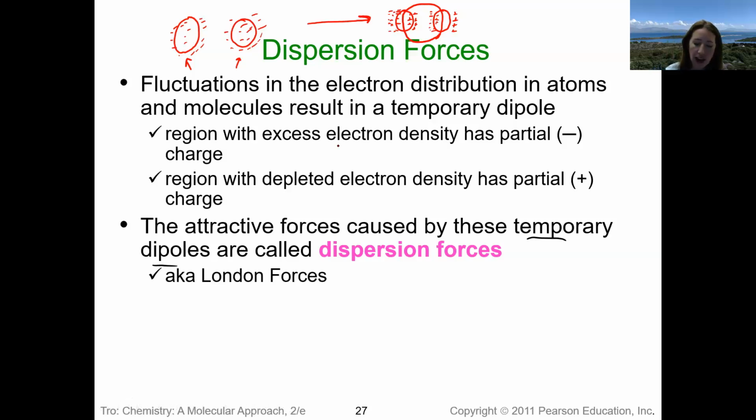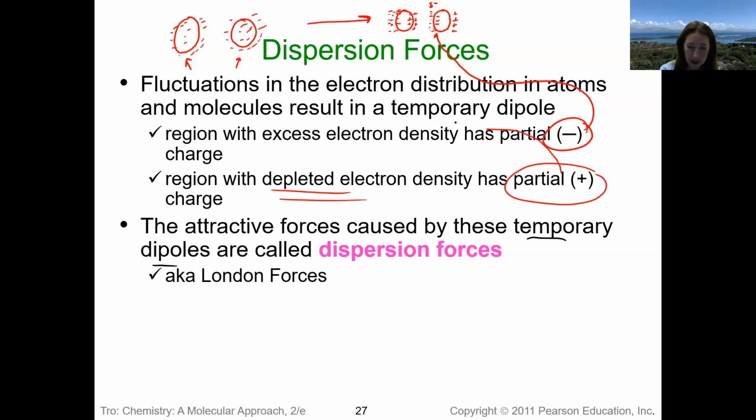So the region with excess electron density here has a partial negative charge, and it is the babiest bit of a negative charge. The part that has a depleted electron density has the babiest positive charge.